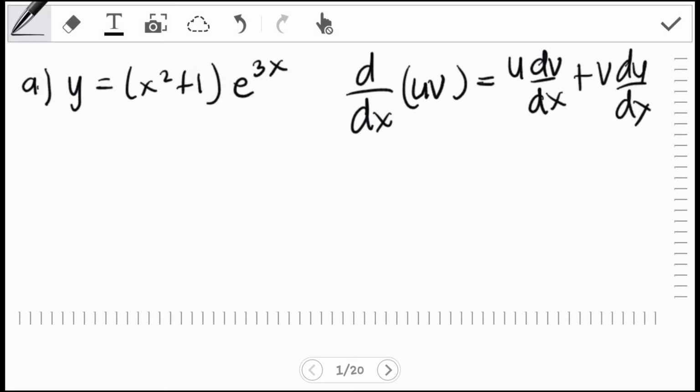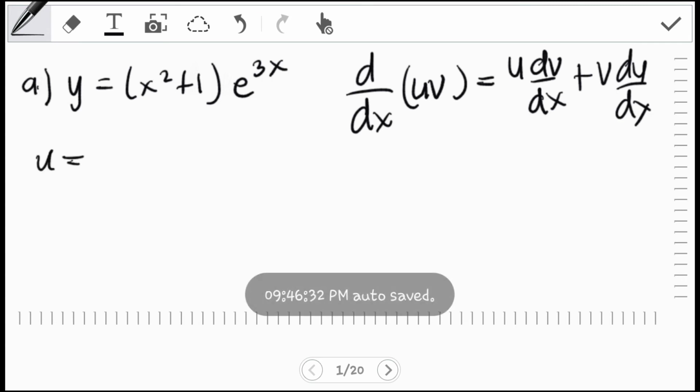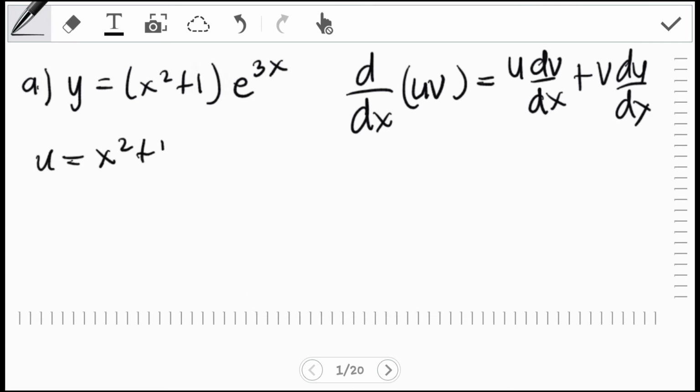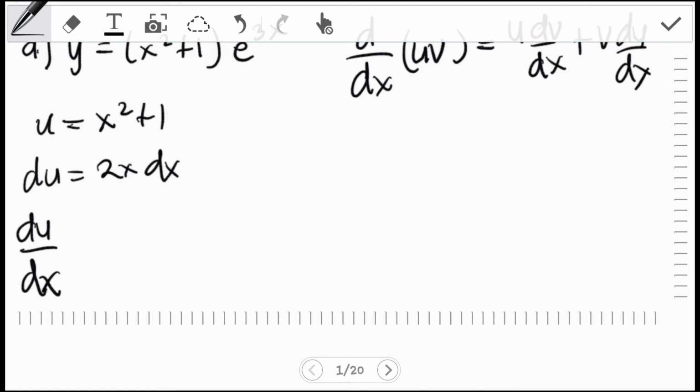Okay. So u is equivalent to x squared plus 1, and du over dx is equal to 2x.